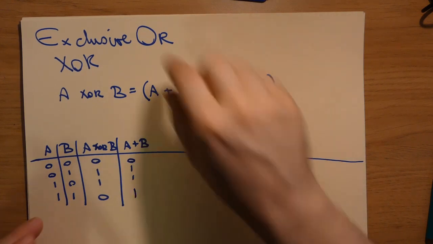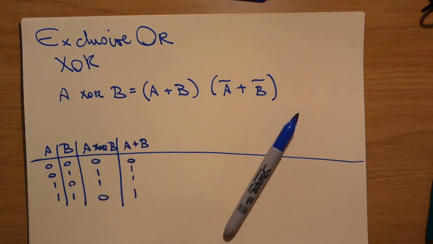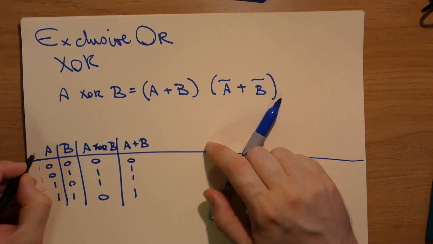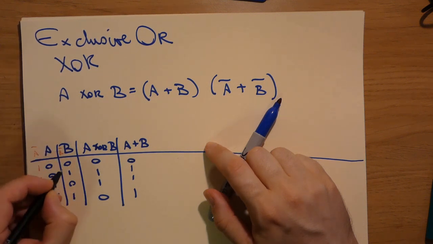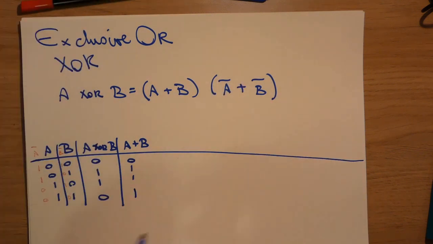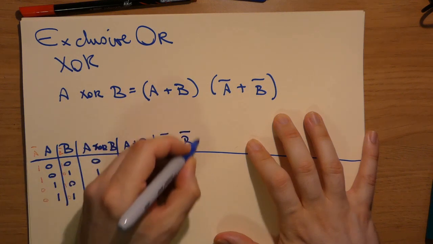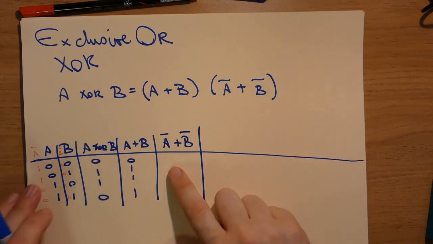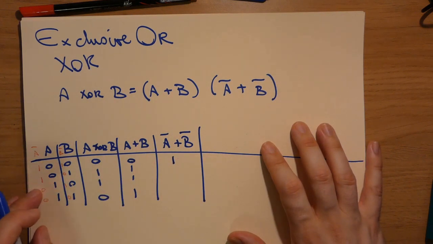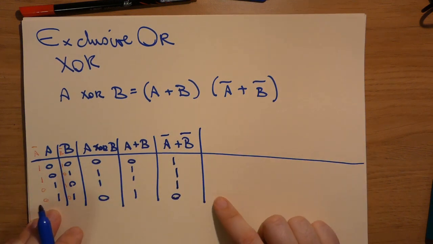Then not A, I will just inverse the things here. So this is not A, not B, is this. So if I do the OR operation with those, then I have like this.